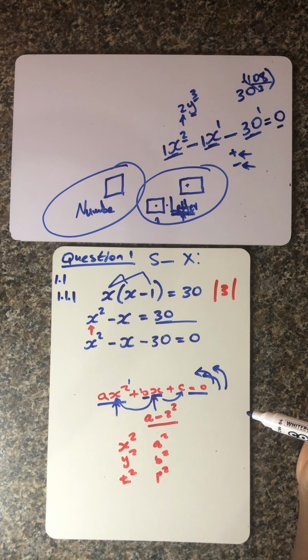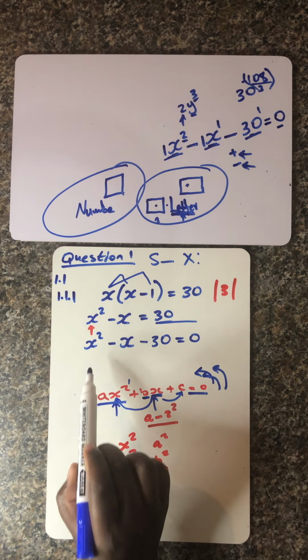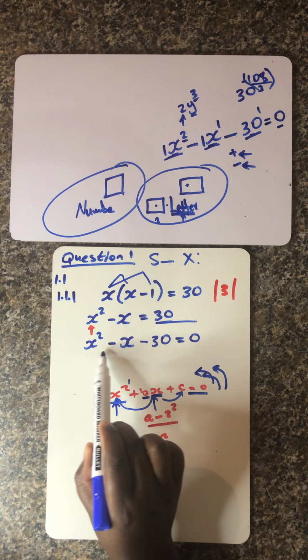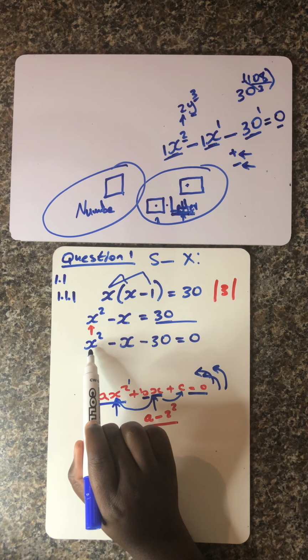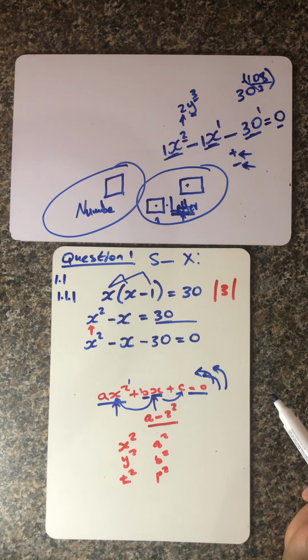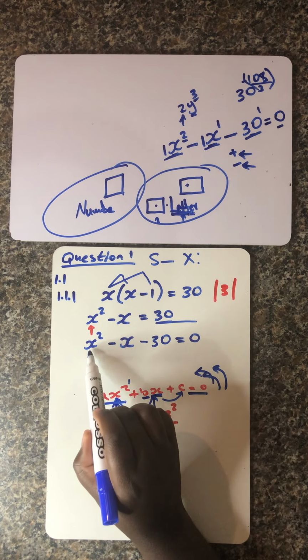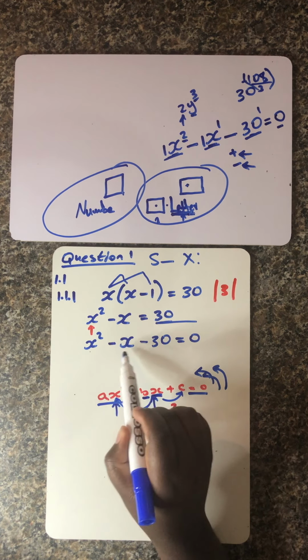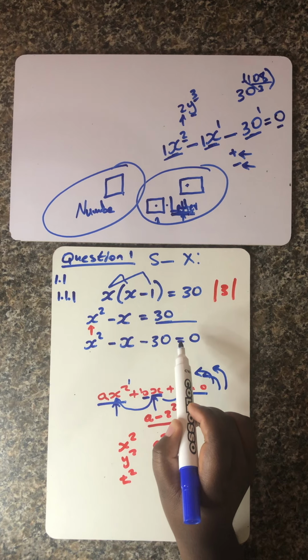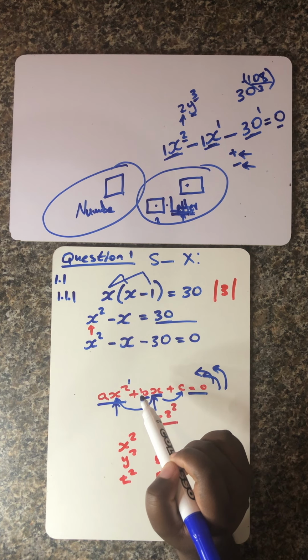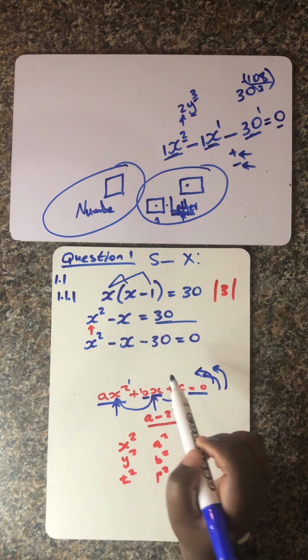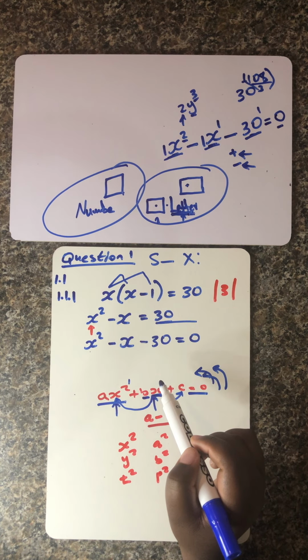Okay, so ladies and gentlemen, once you have your equation in that standard form, okay, can you see you don't have any like terms anymore. You've got x squared, you don't have any other number with x squared. Okay, so you just have one x over there, so you cannot add it or subtract it or work it out with anything else.